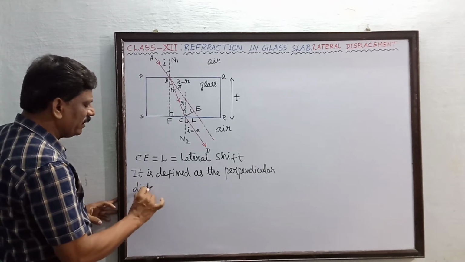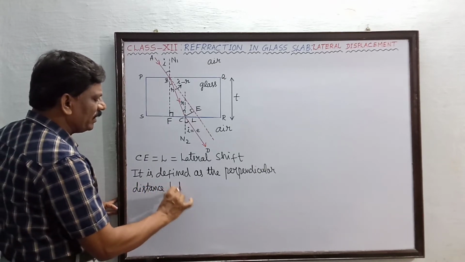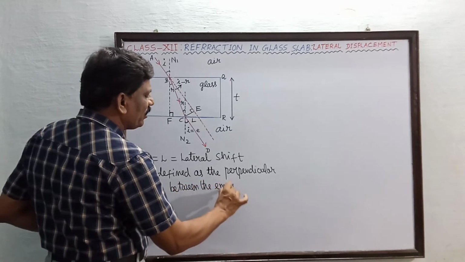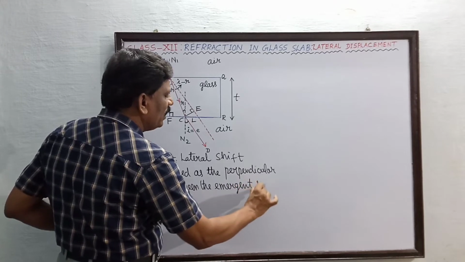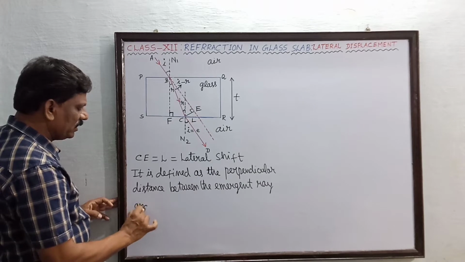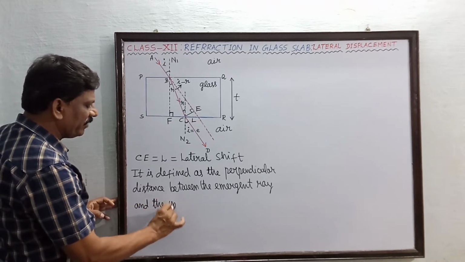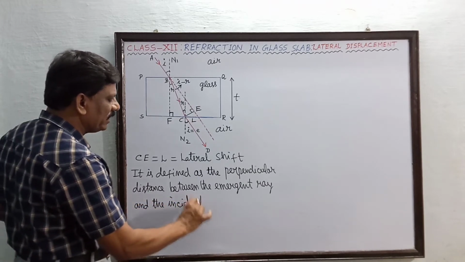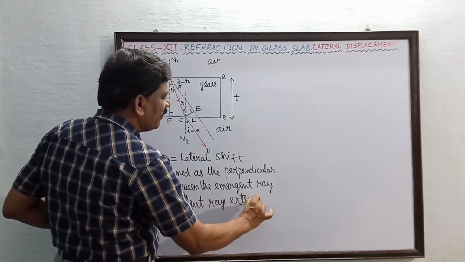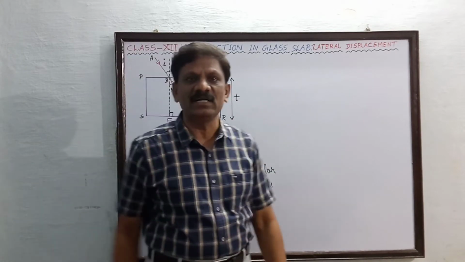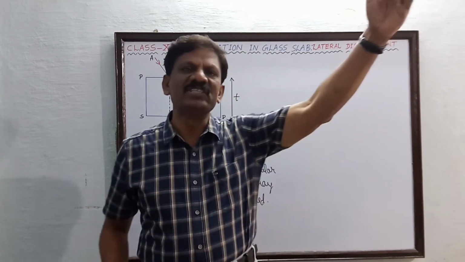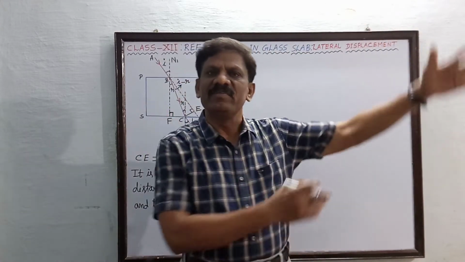Perpendicular distance between the emergent ray and the incident ray produced, the incident ray which is extended. So, this is the definition for lateral displacement or lateral shift. It is the perpendicular distance between the emergent ray and the incident ray which is extended.